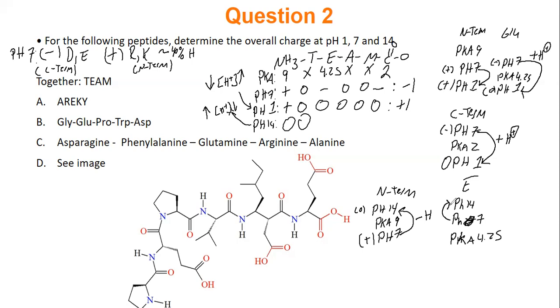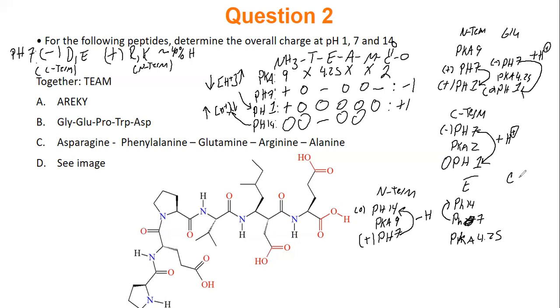Here, for glutamic acid, the pKa is not between 7 and 14, so it doesn't change. As long as my arrow doesn't pass the pKa, the charge never changes from what it was at 7. So at a pH of 14, E is still negative. Alanine, no pKa, doesn't change. Methionine, no pKa, doesn't change.